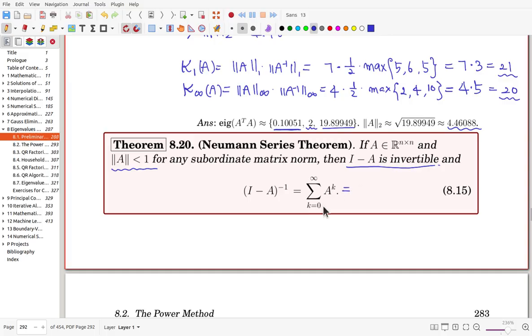That is the sum over k from 0, where k equal to 0 gives the identity, and then A plus A squared plus and so on, like that.